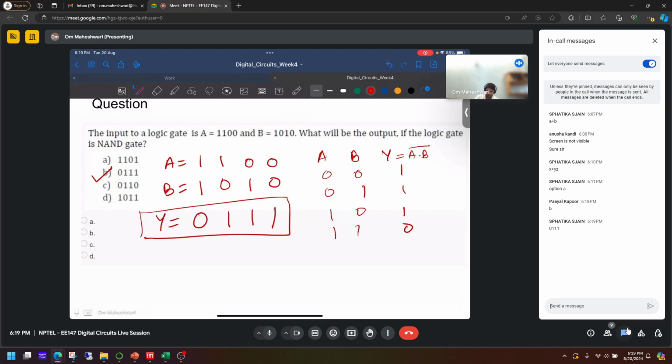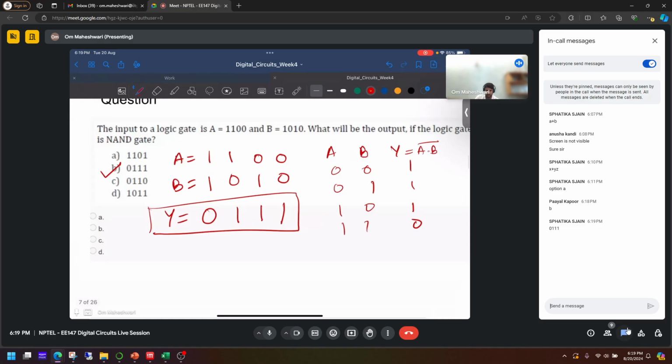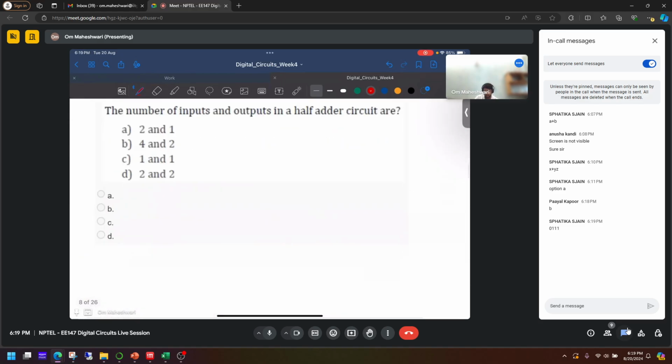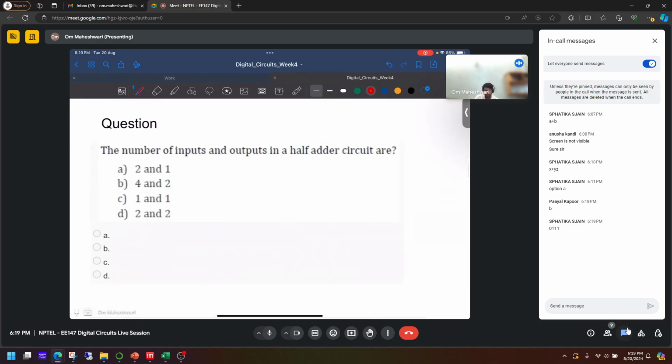All right. So next question. The number of inputs and outputs in a half adder circuit are. Simple question again.